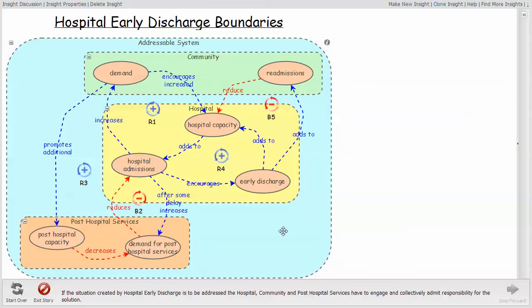Though if the implications of early hospital discharge are to be addressed in a meaningful manner that has the hope of making tomorrow better than today, all of these stakeholders need to be involved.